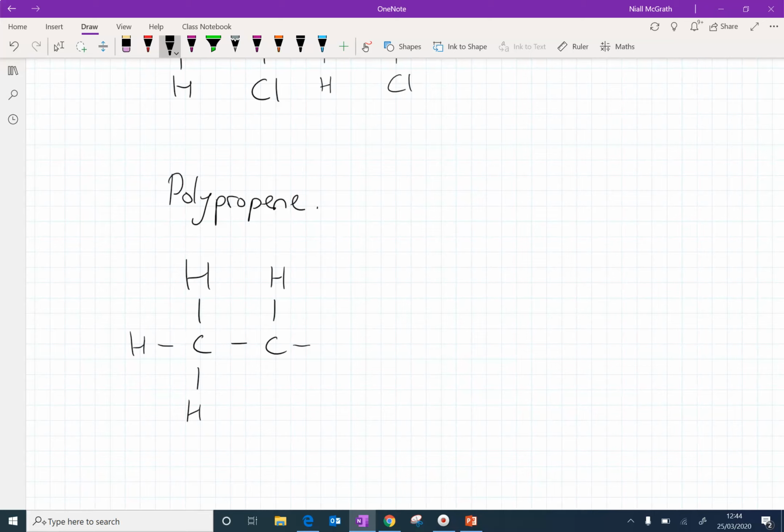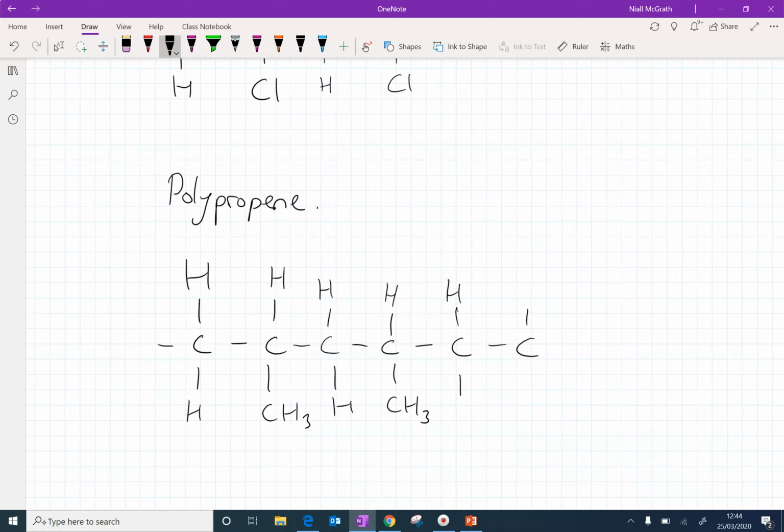So this would be in the middle of polypropylene. You would have this, and if you had many of them joined together, you just keep adding them together, and the chain becomes longer and longer.